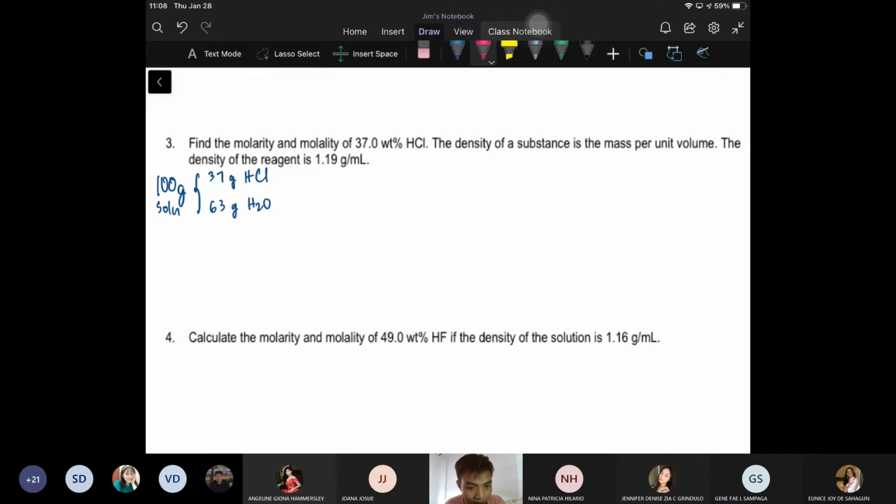Si Zylene. Okay, density. So, yun din naman sagot ni Jamie, di ba? Okay. So, density ang gagamitin. So, ano ba yung purpose ng density? To convert mass to volume. Okay? So, ganun lang.